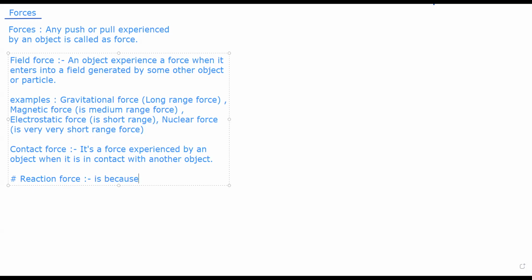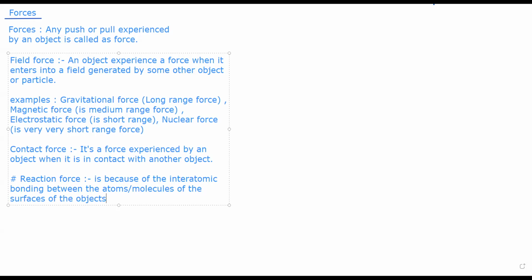It is because of the interatomic bonding between the atoms or molecules of the surfaces of the objects in contact, and also because of the interlocking of the uneven surfaces. ठीक है.